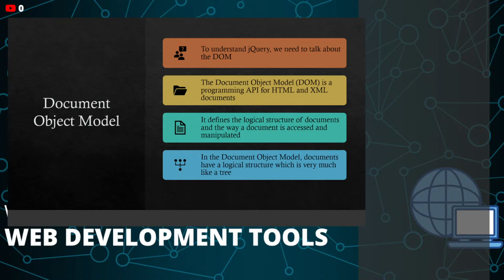Now, this will be a little bit of a review for some of you who may not have talked about JavaScript in a while: the idea of the DOM, or the Document Object Model. As we've been building websites, you've seen that we put tags in there, we put classes in there, we put IDs in there, right?